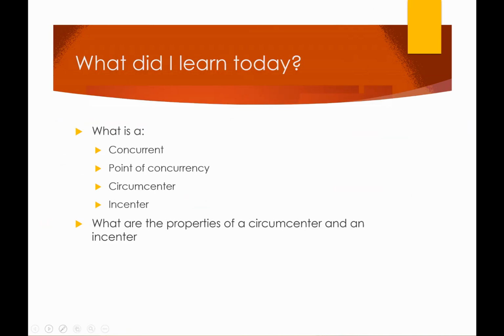So today we talked about things being concurrent, 3 or more lines that intersect. Where they intersect is that point of concurrency. The circumcenter is the point of concurrency for the perpendicular bisectors of a triangle.